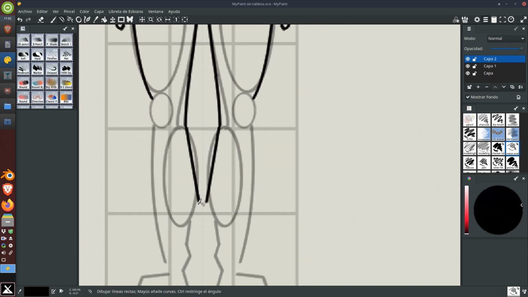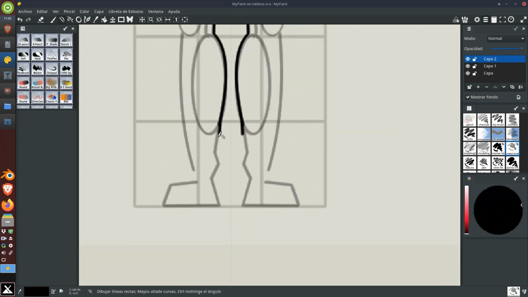Then we have the calves. Nice, a little bit thicker here on the upper part than on the lower part. Here we're going to have the ankles, and our feet.